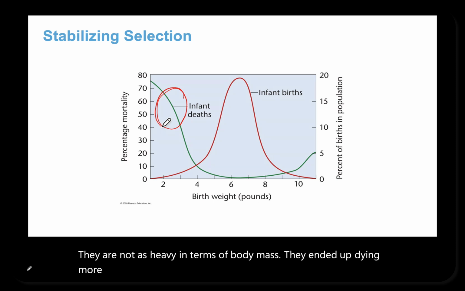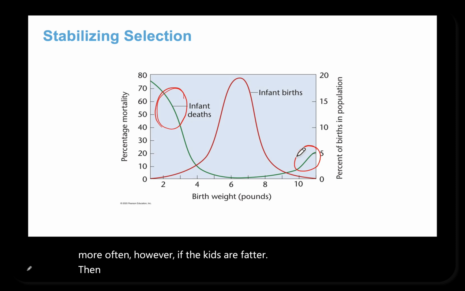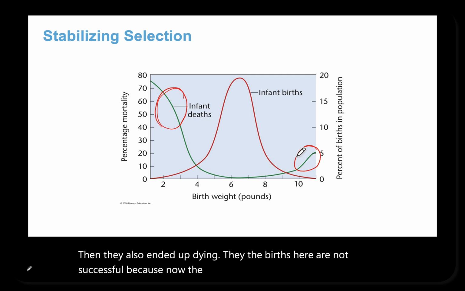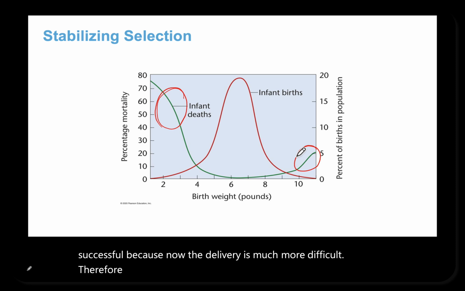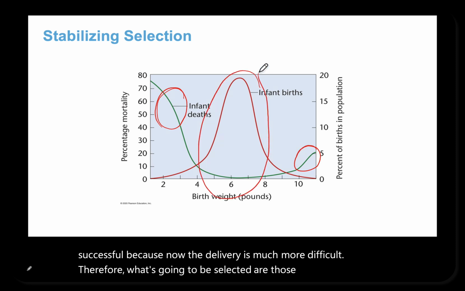However, if the kids are fatter, then they also end up dying. The births here are not successful because the delivery is much more difficult. Therefore, what's going to be selected are those kids that have an average weight.